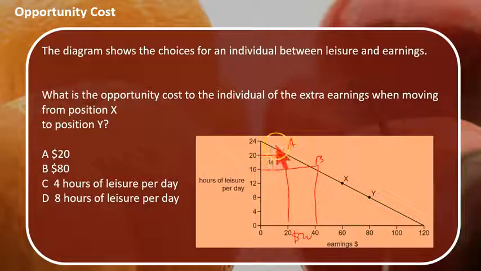So this opportunity cost is same whatever point you select, A to B, B to X, X to Y, Y to Z. 4 hours of leisure time sacrificed gets you $20 extra. This would only be practical if the production possibility diagram is a straight line like this one. But that won't be the case in most of the questions on your exam. And of course, that is related to the next topic that we'll be discussing in just a couple of minutes.